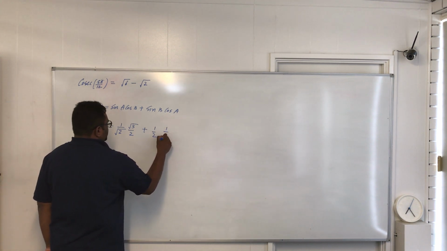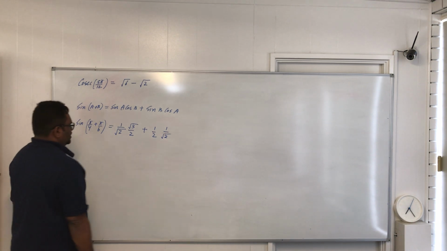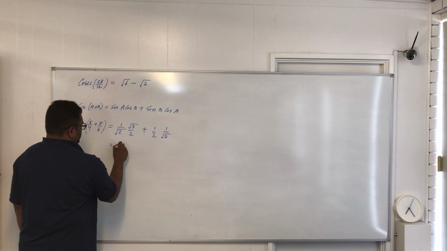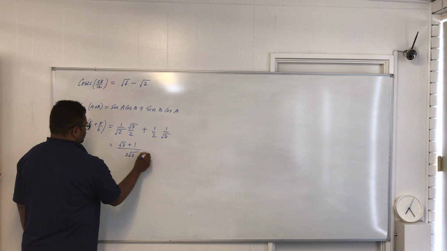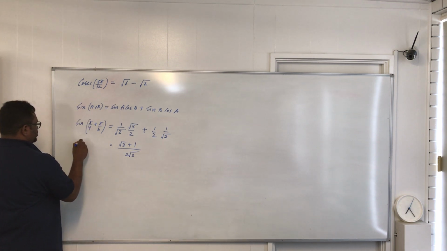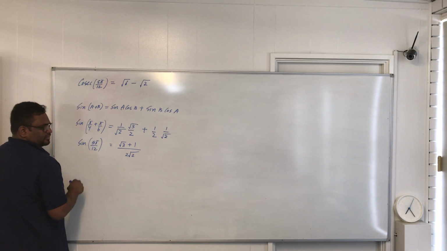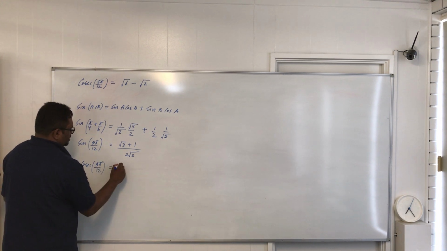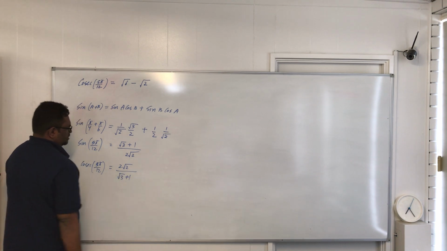It is going to be 1 divided by square root 2. Then it would be square root 3 plus 1 divided by 2 square root 2. And then you just flip it. So cosec 5 pi divided by 12 is equal to 2 square root 2 over square root 3 plus 1.